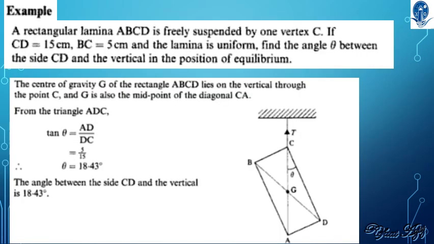A rectangular lamina ABCD is freely suspended by one vertex C. If CD is 15 and BC is 5 and the lamina is uniform, find the angle theta between CD and BC.